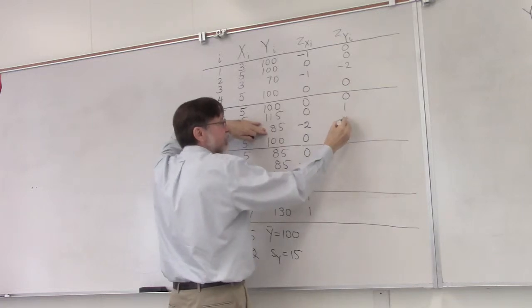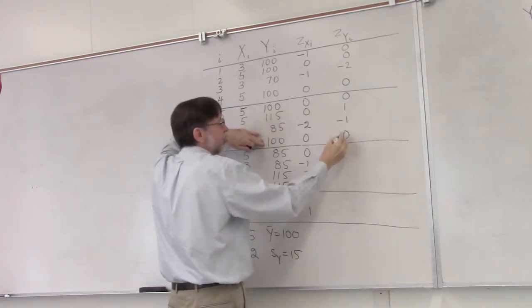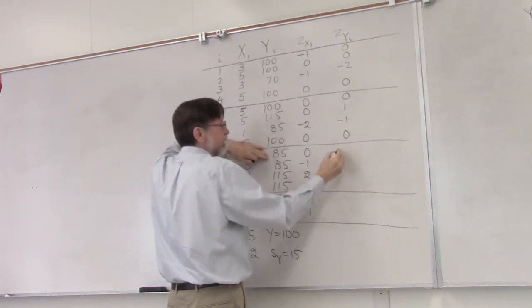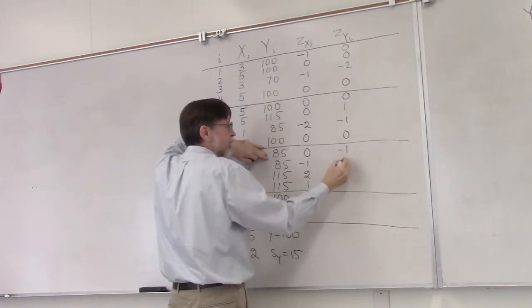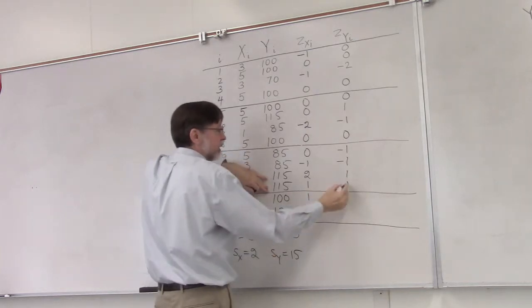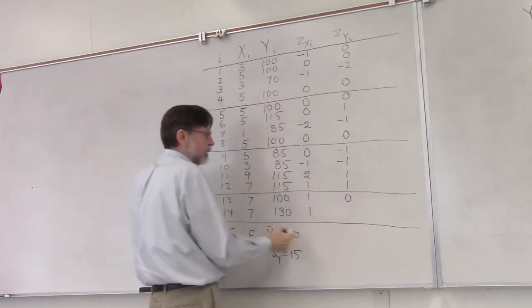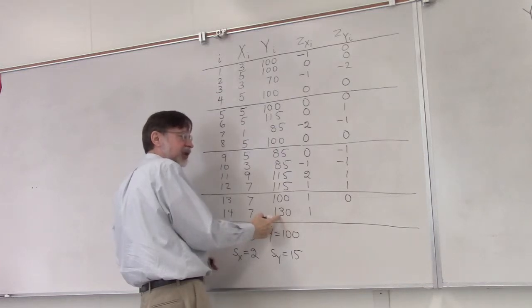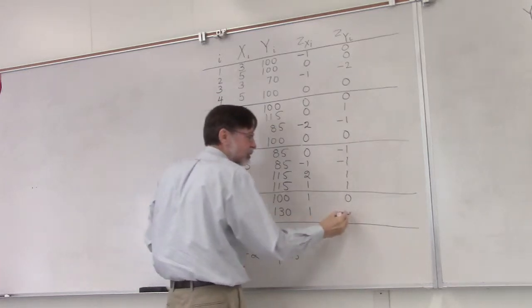Divided by 15 is negative 1. 100 minus 100 is 0. 85 minus 100 is negative 15. Divided by 15, negative 1. Another negative 1. Positive 1, 0. 130 minus 100 is 30, divided by 15, that's 2.